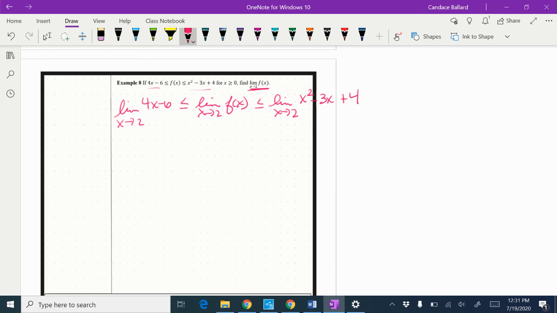I'm going to use direct substitution. There are no denominators to mess me up, so I go 4 times 2 minus 6, which is less than or equal to the limit as x approaches 2 of f of x. I'm going to substitute the 2 into this one: 2 squared minus 3 times 2 plus 4. So we've got 8 minus 6, which is 2.